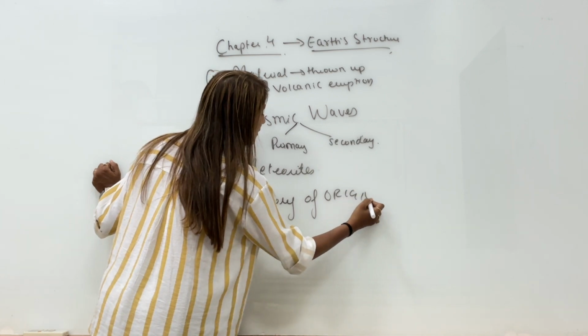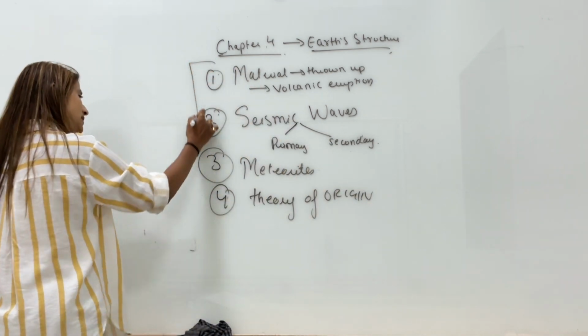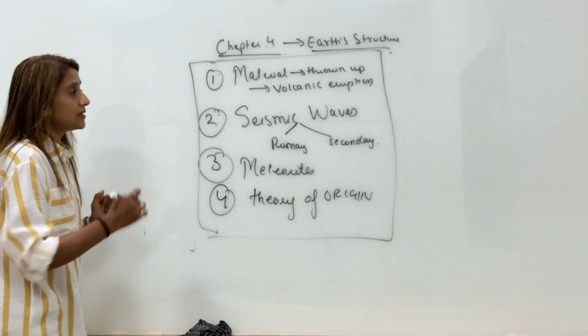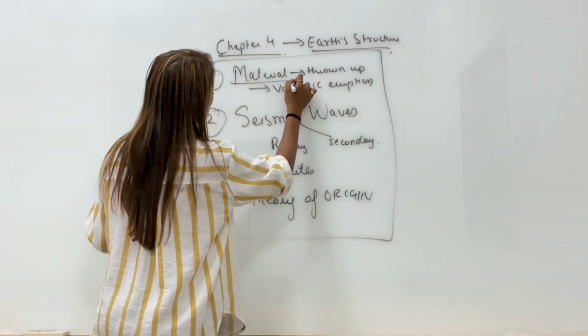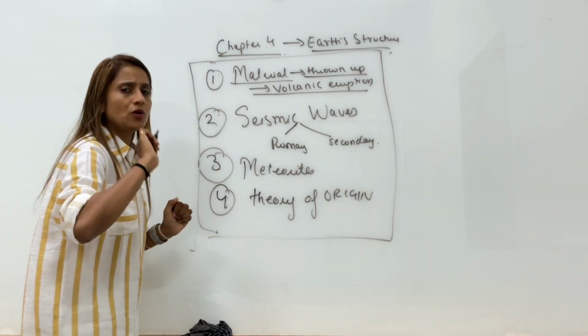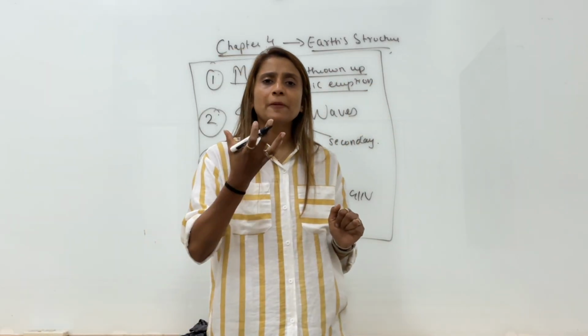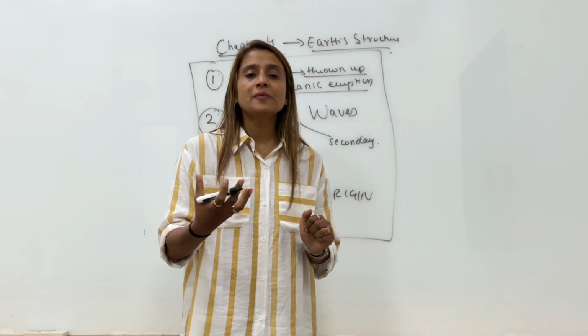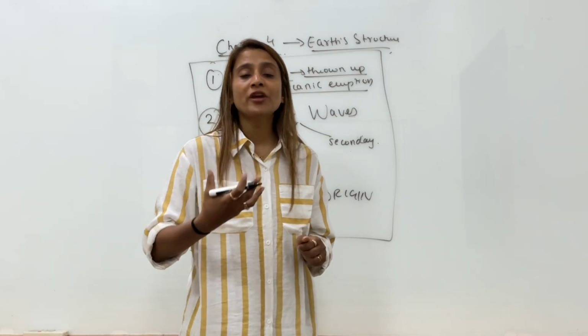So all our knowledge about Earth's interior is from these four things. First is the study of the material thrown up at the time of volcanic eruption. You know very well, when a volcanic eruption takes place, the material thrown up comes out from the deep magma chamber.